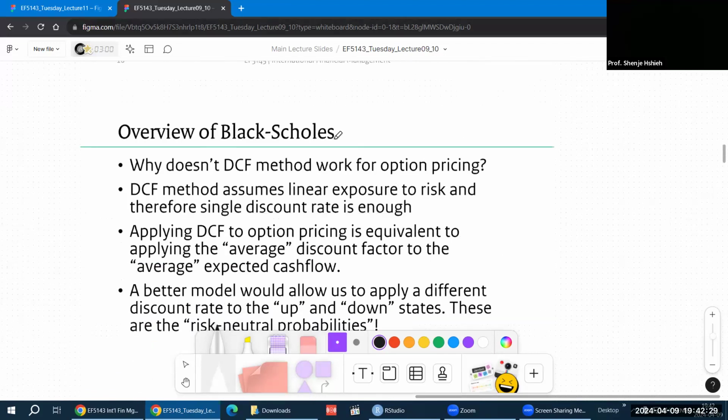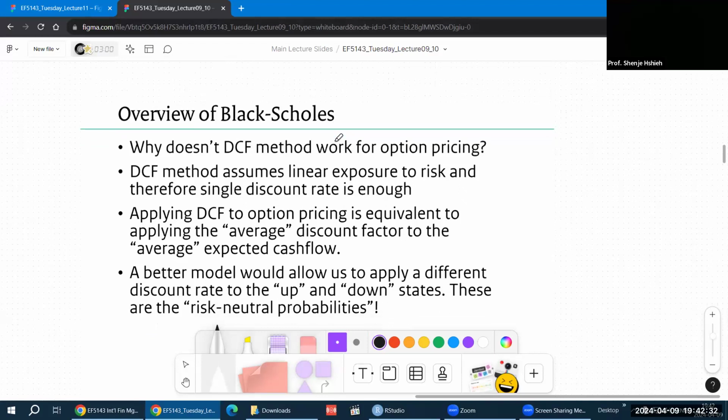So if you do decide to use DCF to price options, remember, CAPM is a generalized asset pricing model for all assets. That means you can price futures, options, stocks, bonds, literally anything with CAPM. But that's wrong because DCF doesn't rely on state dependency to price things.